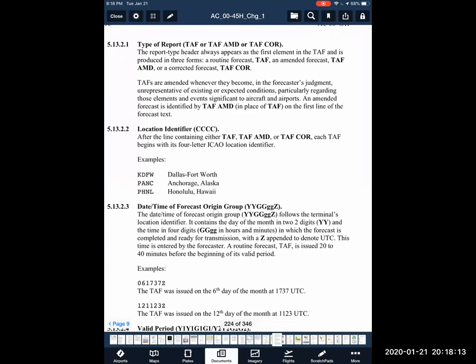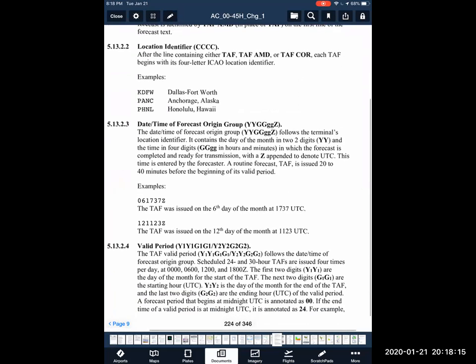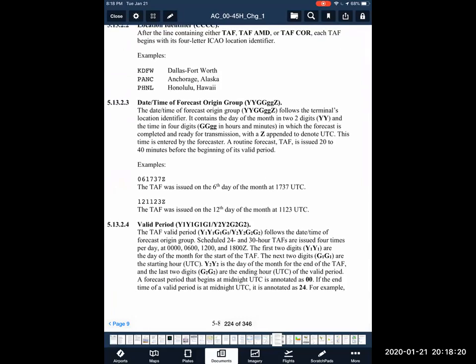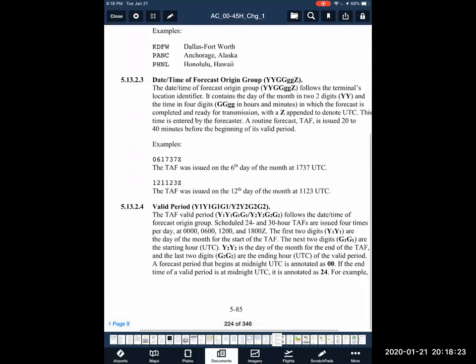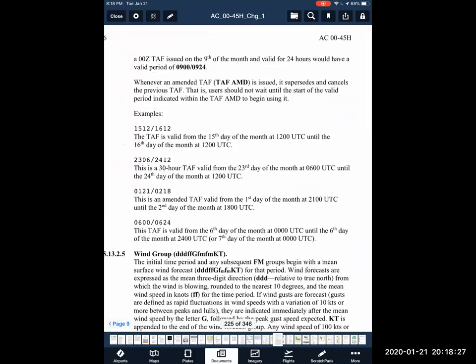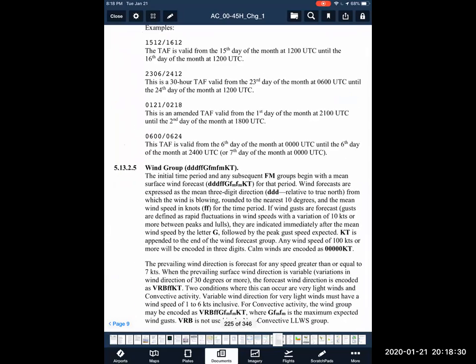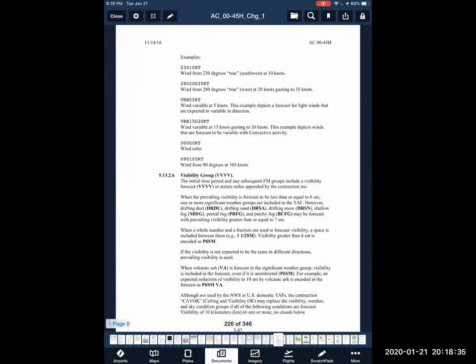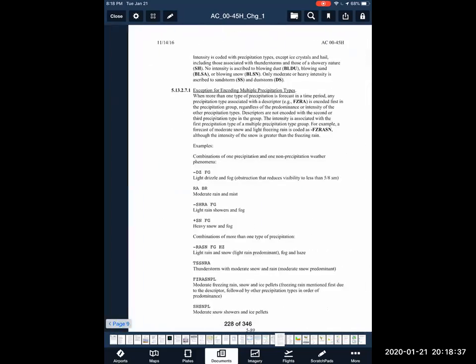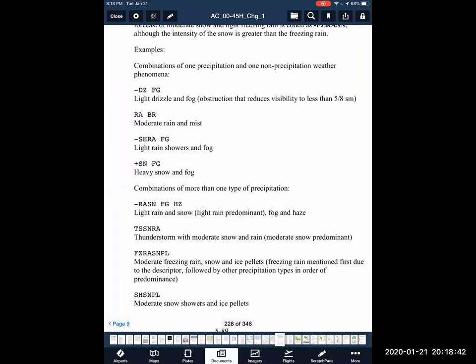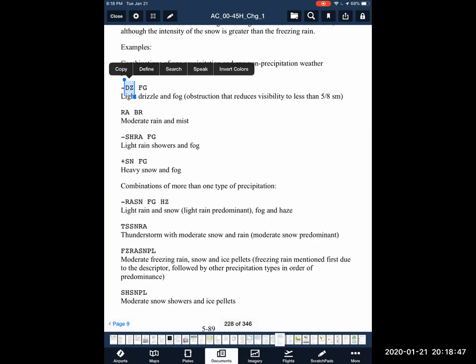So you can see it gives us the different types of reports, when they were issued, and the valid period, oftentimes a 24 or a 30-hour period. Then, of course, it gives you the breakdowns on all the different types of information that you get: the wind group, visibility group, significant weather conditions in association, all the different types of coding. So for example, a negative DZ would be light drizzle, followed by FG would be fog.